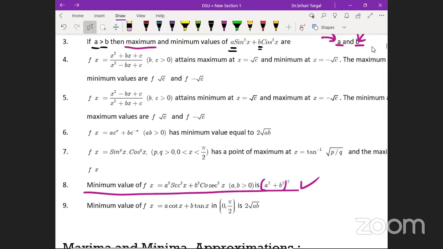If you have a positive sign in the numerator like this, the maximum value is at root C and the minimum value at minus root C. If that positive is in the denominator, the maximum value is at minus root C and the minimum at root C. Is that okay?